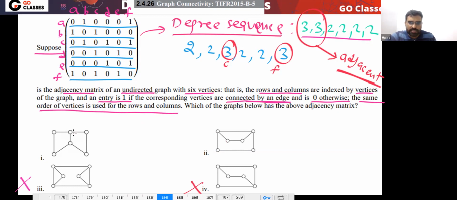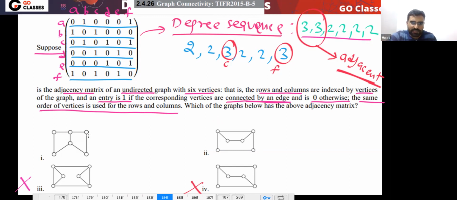Anyone tell me what else I can think. Two options are gone, still two options remain. So what creative technique can we use?